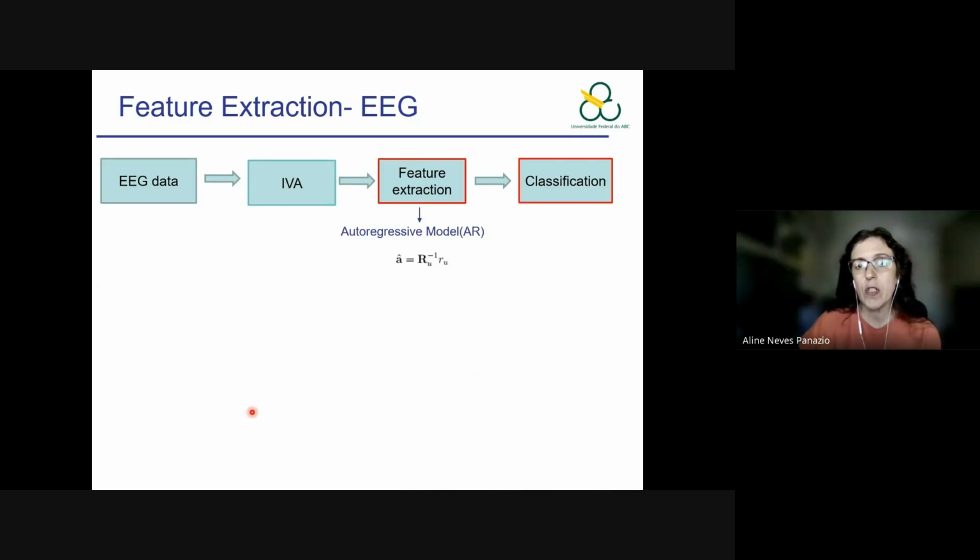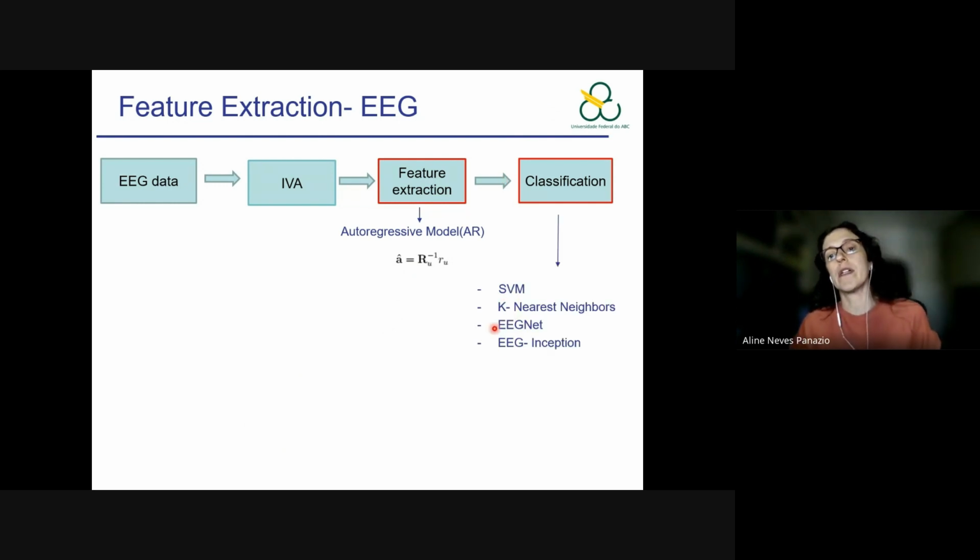For feature extraction, we use the classical autoregressive model. And for classification, we tried 4 different classifiers, support vector machine, k-nearest neighbors, and 2 methods involving deep learning, EEGNet and EEG-Inception.